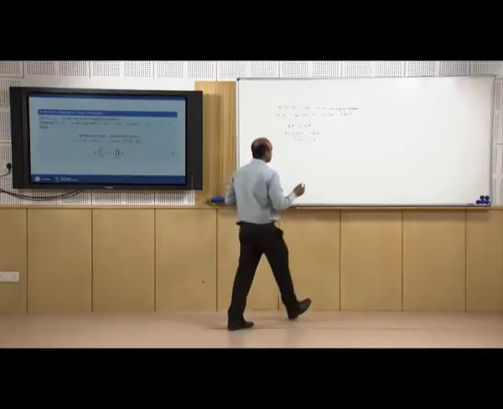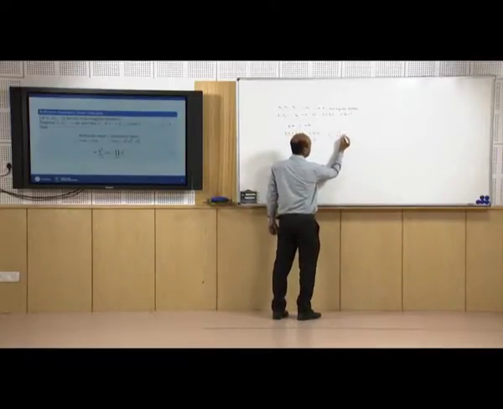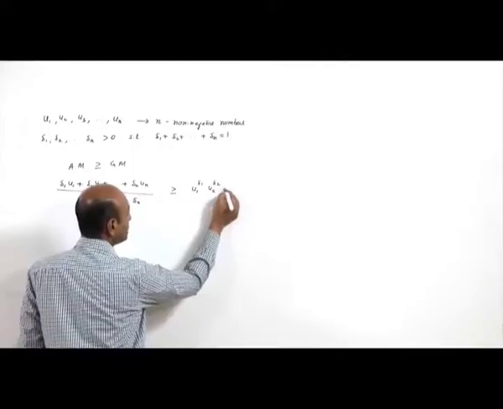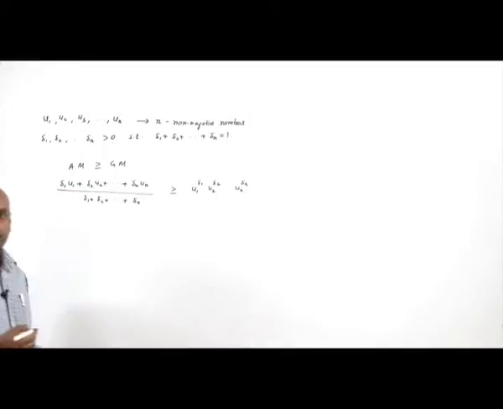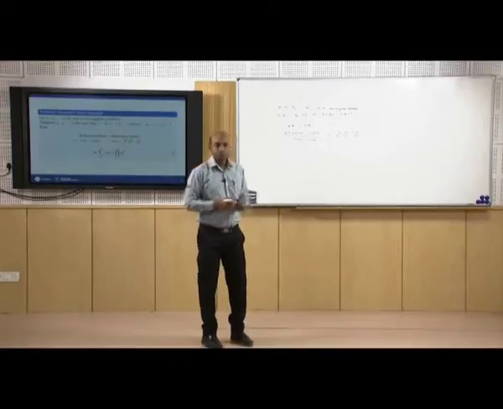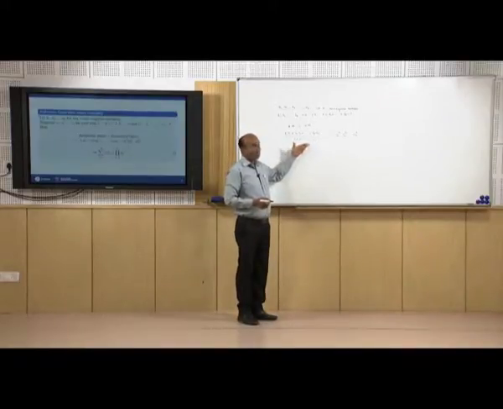The arithmetic mean of these numbers is greater than or equal to u1 raised to power delta 1, u2 raised to power delta 2 and so on, un raised to power delta n. This is the geometric mean of these numbers. This we already know by the arithmetic mean greater than or equal to geometric mean inequality.